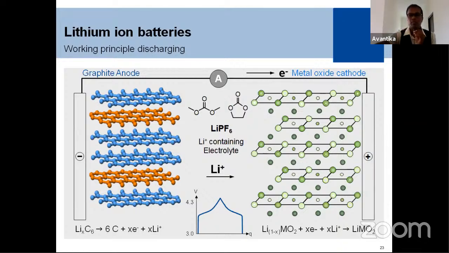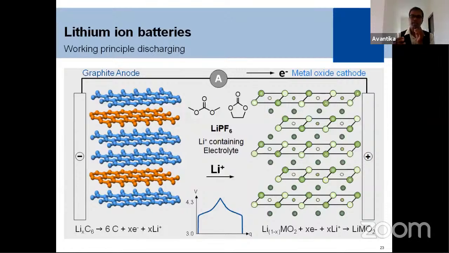Now most of the scientists are concentrating on optimizing the cathode side. How can we improve the performance? Improving performance means increasing the speed of the lithium ions. So they are doping the material, or reducing the grain size.